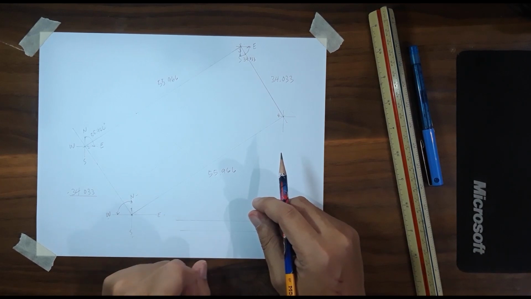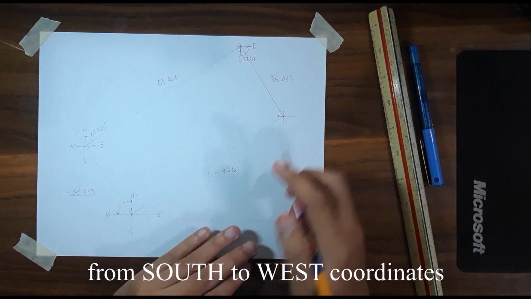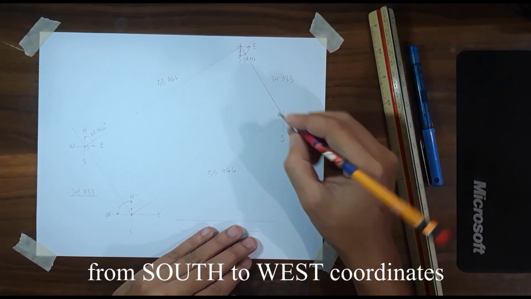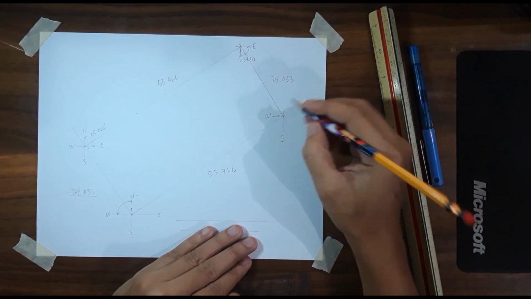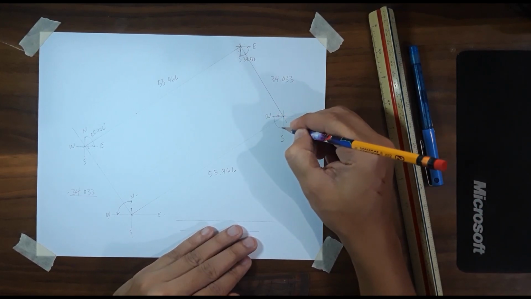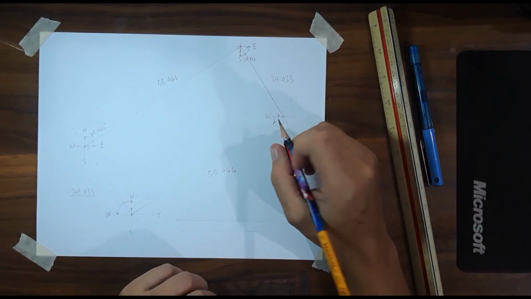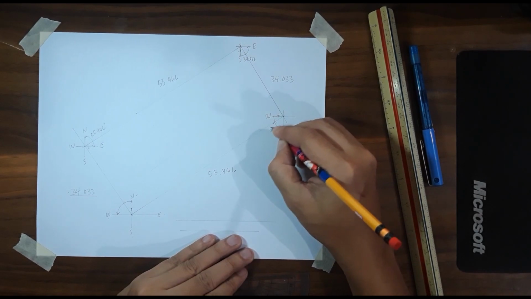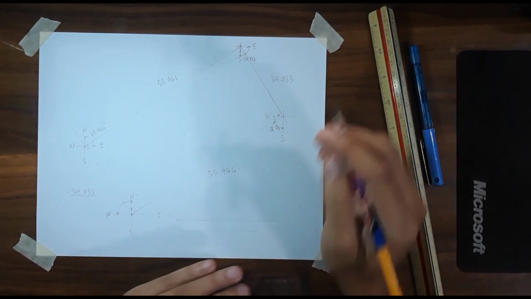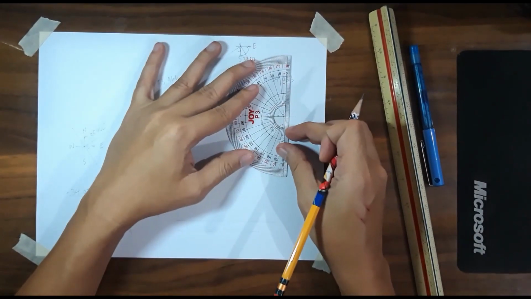The technical description is south 55 degrees 58 minutes west. So from south going to west, that's the angle. So it's equivalent to 55.966. So let's check.